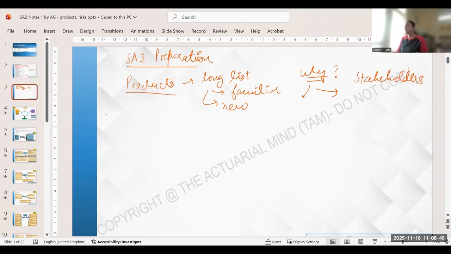If I talk about the products, which are the products that are there in chapter 1? Can you tell me? Let's start listing them down in the first place. Term assurance. Okay. Whole of life. Okay. Income protection.